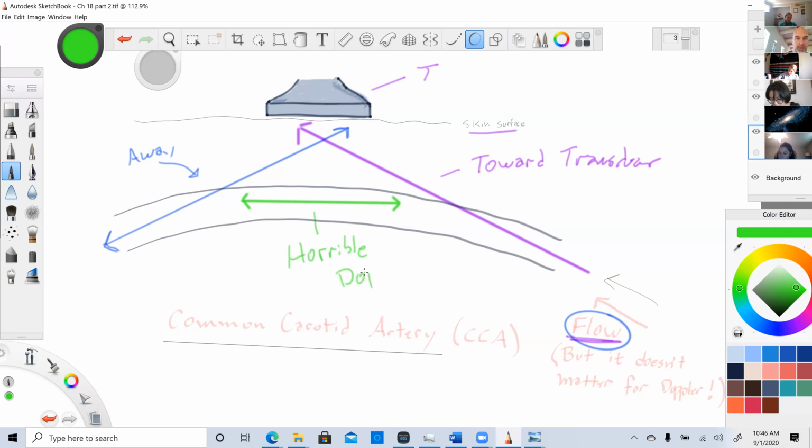We have horrible Doppler when the vector of flow is parallel to the transducer itself. It will not work. Go around the corner a little bit or go even just away and the vector improves. Good Doppler. And same thing over here. Smiley face. Good Doppler.